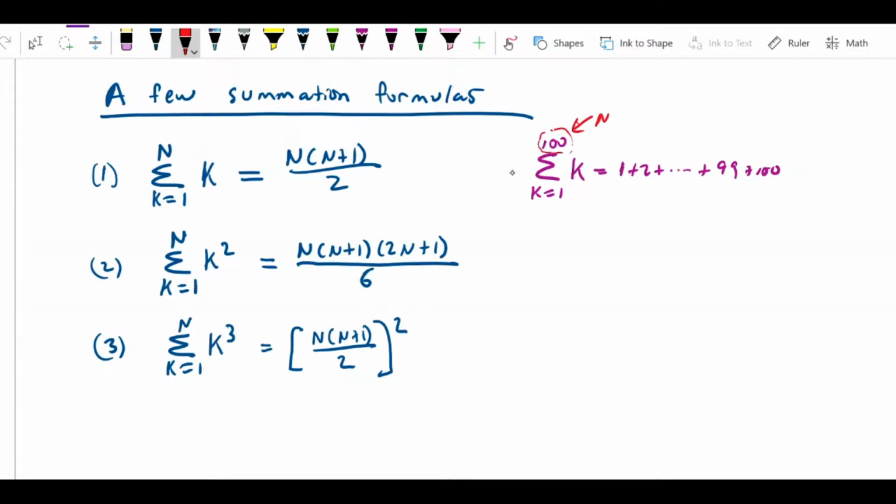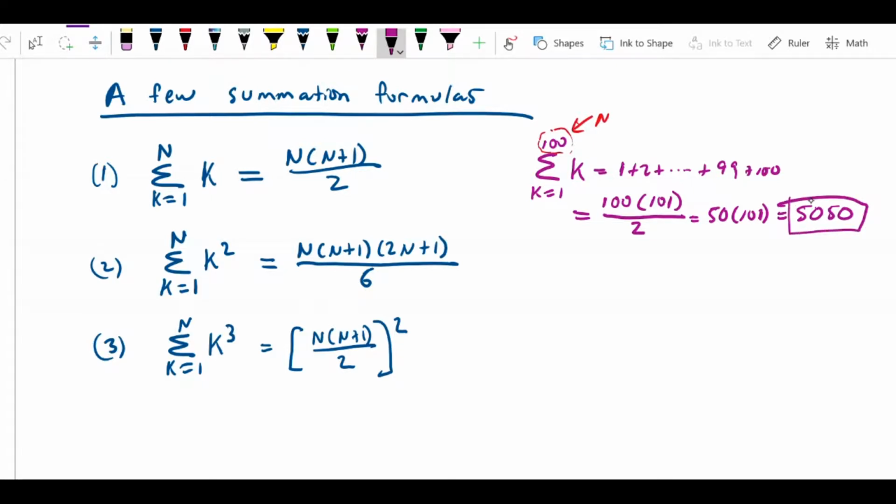If I went up to a billion, I'd still only have one multiplication and one division to do. So n is 100, so that's going to be 100 times 101, that's n plus 1, over 2. So 100 over 2 is 50 times 101, which is 5050. So that's the sum of the first 100 numbers.